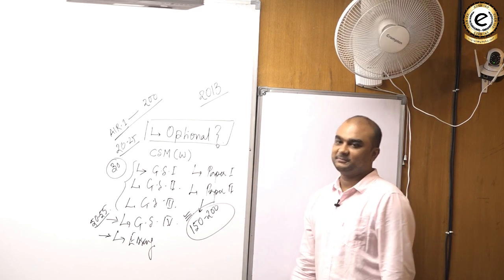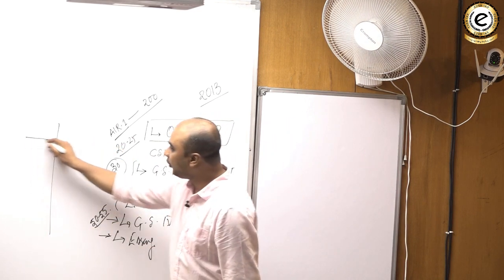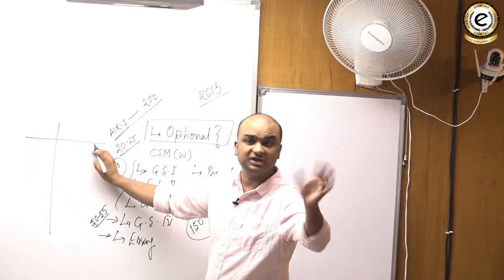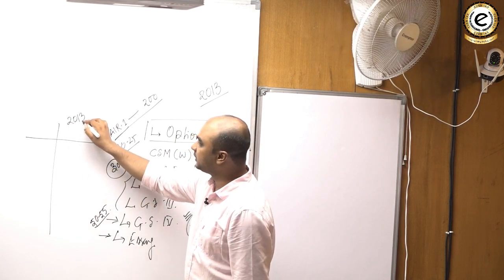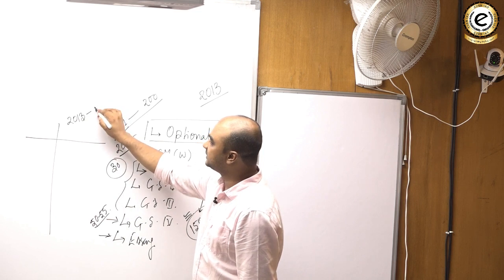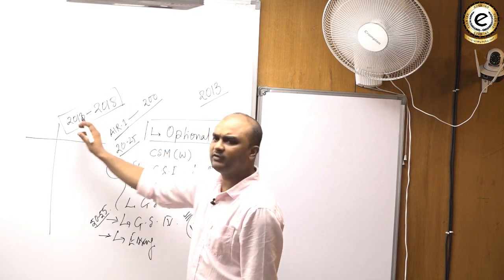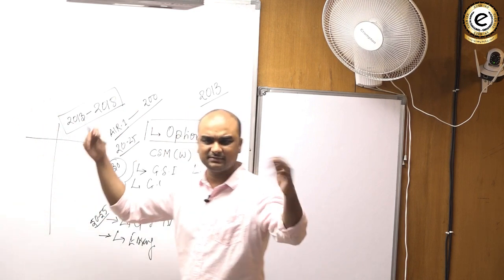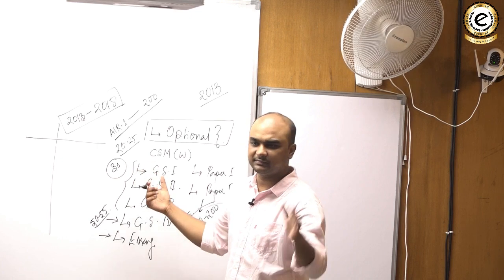Also, this is not a coincidence. Generally speaking, if I think from the year 2013 to say 2018, all the results, and I'm not going beyond that, because the syllabus was totally different. There were two GS papers, two optional papers, everything was different.